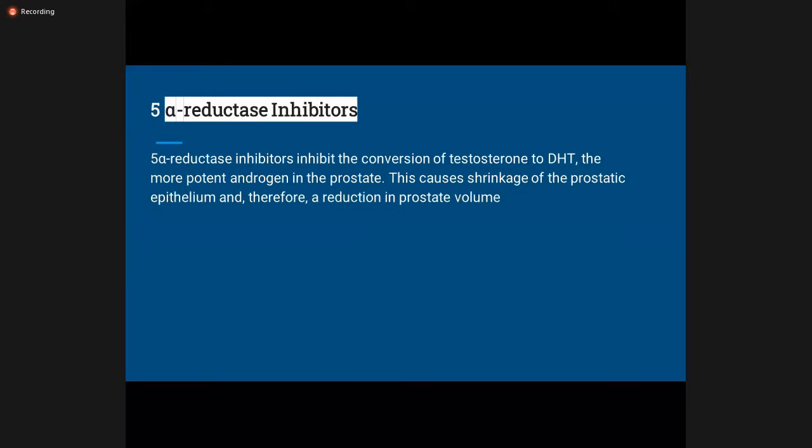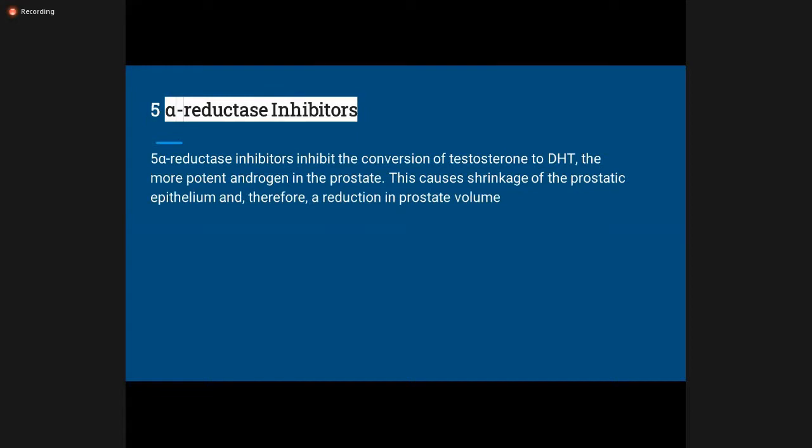So patients usually ask us how long I have to take these drugs. If we tell them that you have to take this drug for the whole life, then they usually ask why this drug is not reducing the size.